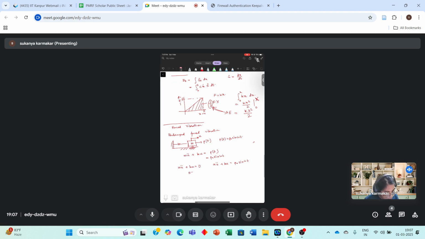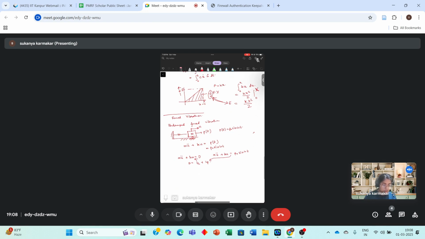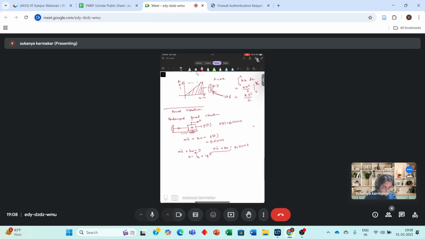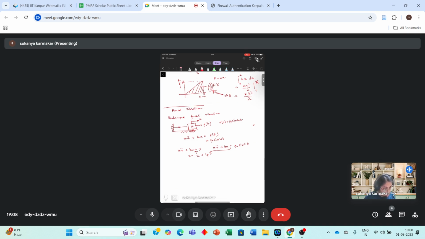And u will be u complementary plus u particular. U complementary comes from here, which is nothing but the solution of the free vibration problem which we have already done. And u particular is when you are solving this differential equation. This you can solve, like this was done in the lecture. That part I'll skip.